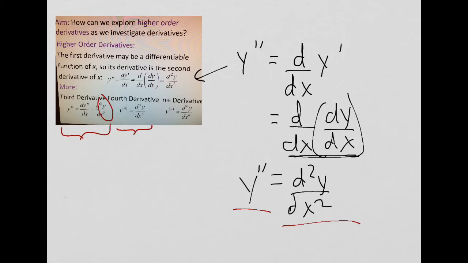So you can see how just the numbers change. So if we're taking like the 10th derivative, we would indicate it with a little 10 here instead of the 4 or the 3 or the 2. Or the 1, essentially. Okay, so those are the notations.